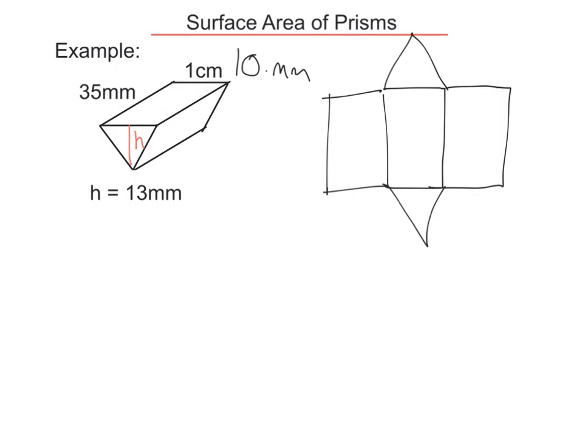So for the middle rectangle, it's got a width of 10 millimetres and a length of 35. The other two rectangles don't have that same 10 width because their width is here and here. Those two there are not the same as this 1 centimetre or 10 millimetres across there.